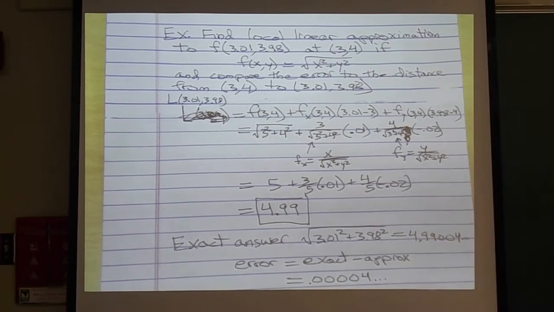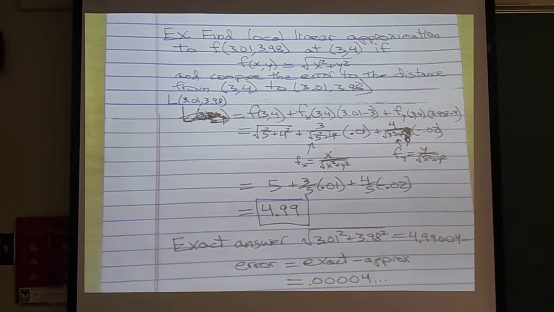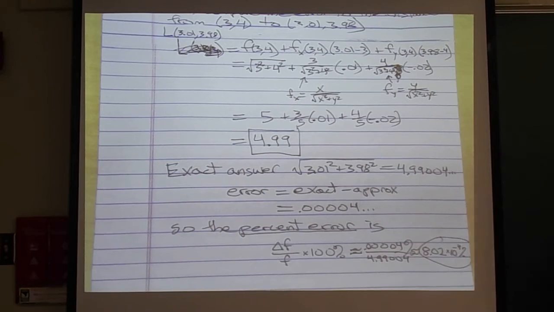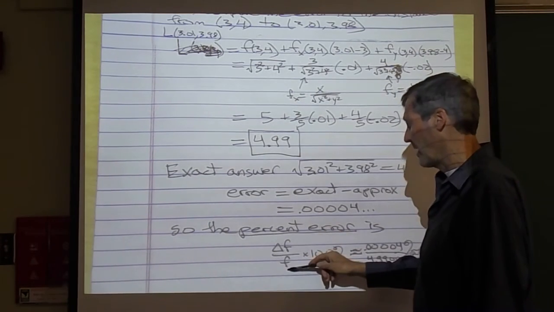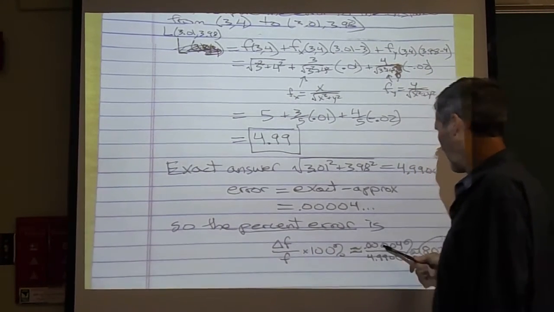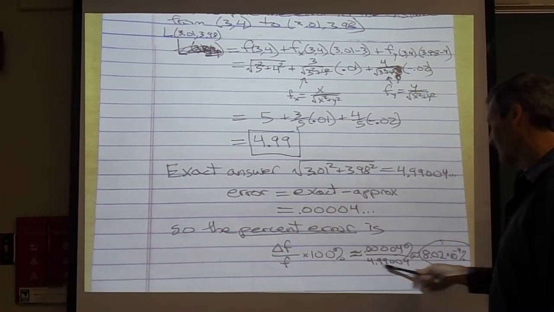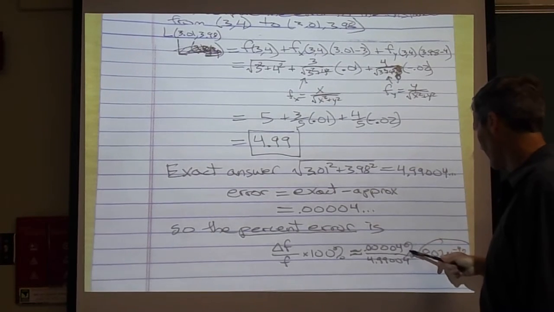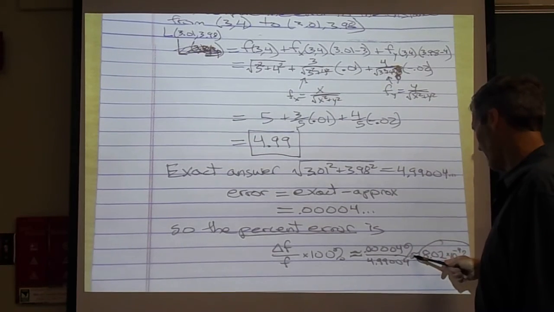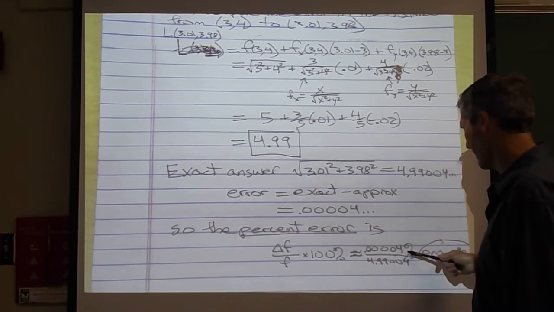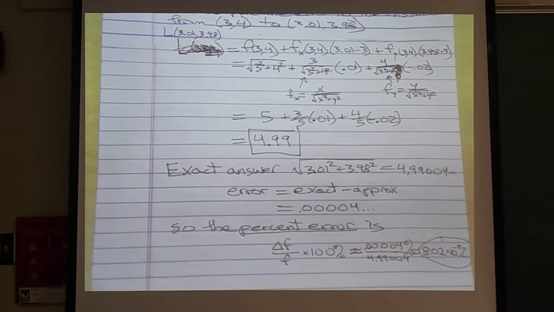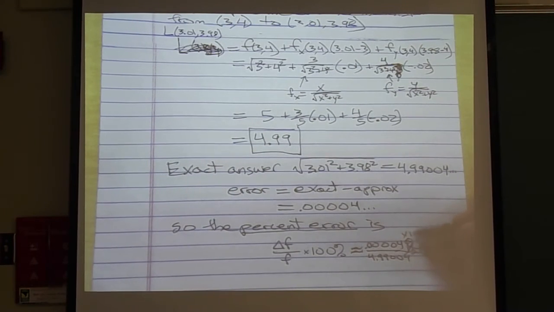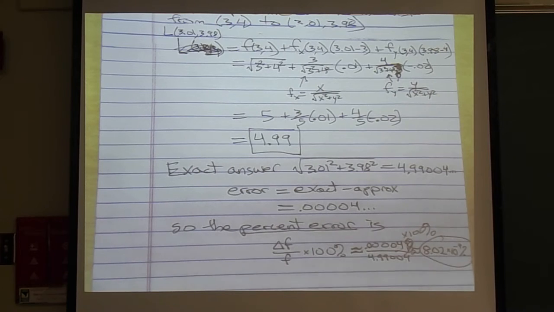One more thing people like to talk about is the percent error. Maybe we should mention that. The percent error is the relative error, delta f divided by the value of f at the point, is 0.00004 divided by the value of the function, 4.99004, times 100%.